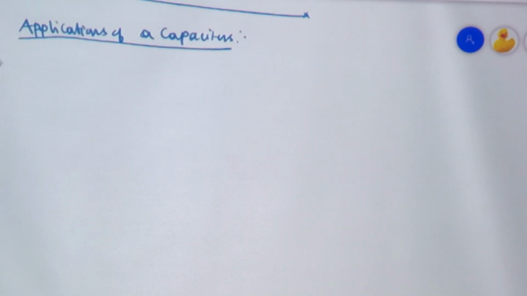The first application that we can discuss is in a camera, either a digital camera or a film camera that was used in previous years. In order to get a good photograph, we use the flashlight given out from the camera when the button is clicked.